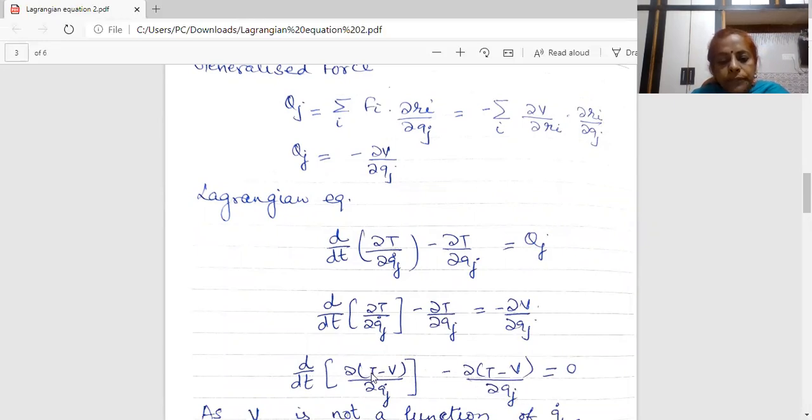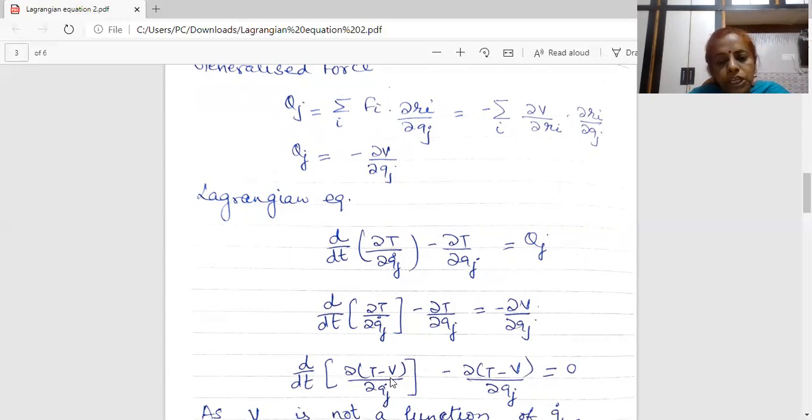Now in this first term, I have written one extra term. What is that term? Del V by del qj dot. As the system is conservative, I have already stated that system is conservative in nature. We know that when system is conservative in nature, potential energy will depend only on coordinates. It will not depend on velocity.